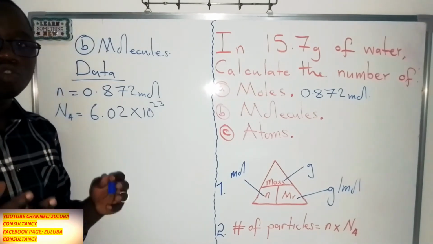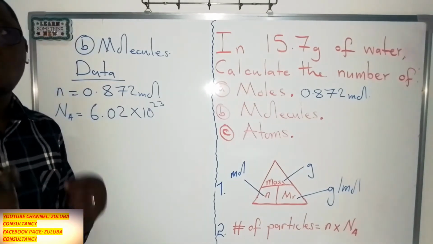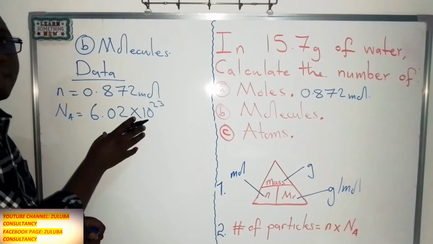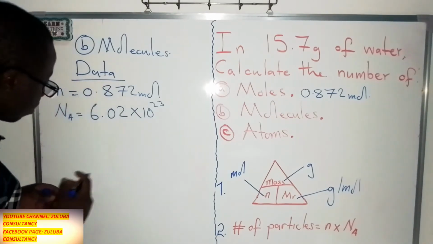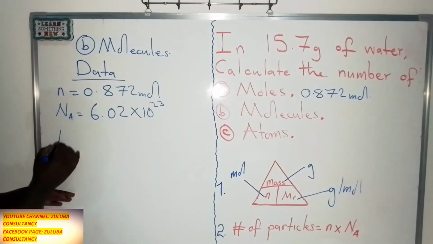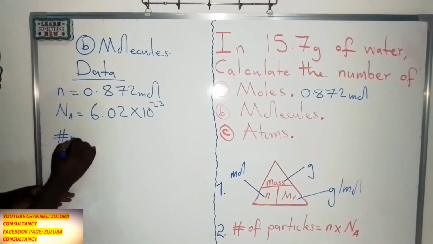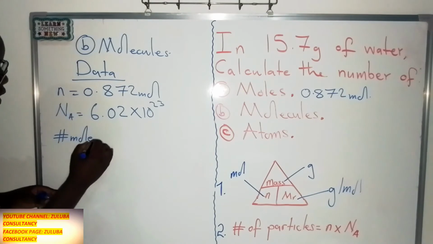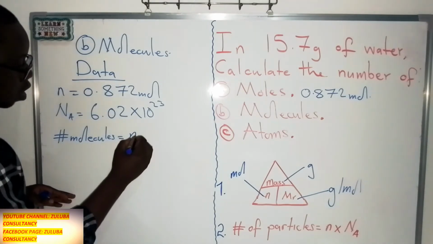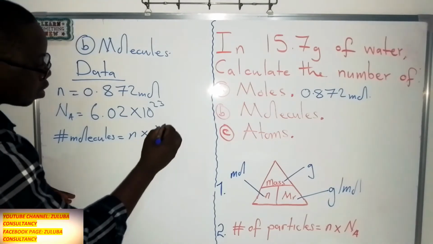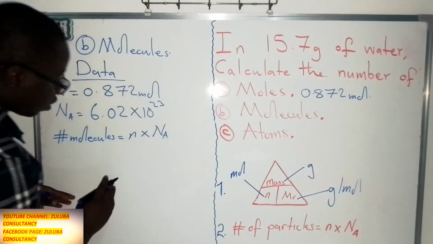And us who are chemists, we need to treasure this number and remember it by heart. So after knowing that, we will now say number of molecules is equal to the number of moles multiplied by the Avogadro's constant.